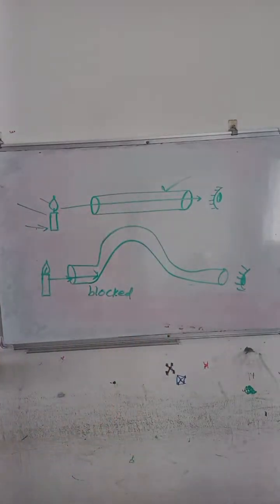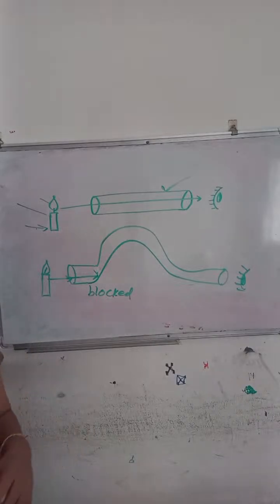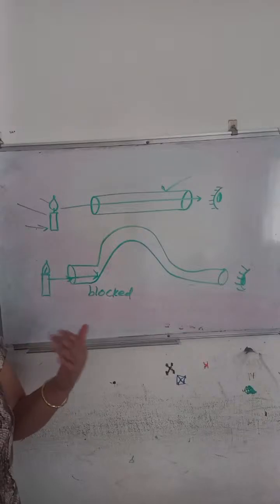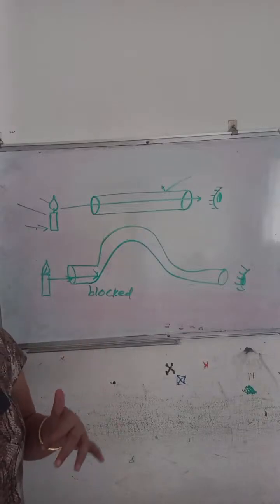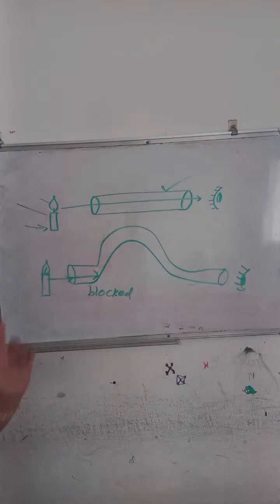From this we can say that light can only travel in a straight line direction. In the exam they will ask a 2 mark question: explain how light travels in a straight line. So you have to explain this experiment. Are you getting what I am explaining? With this experiment, light travels in a straight line direction.